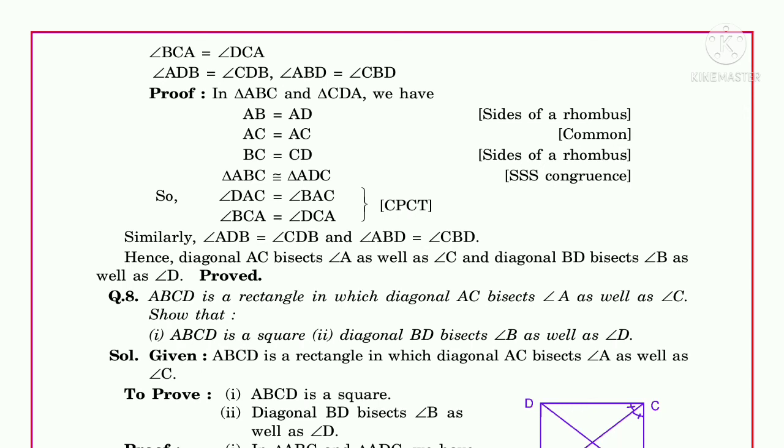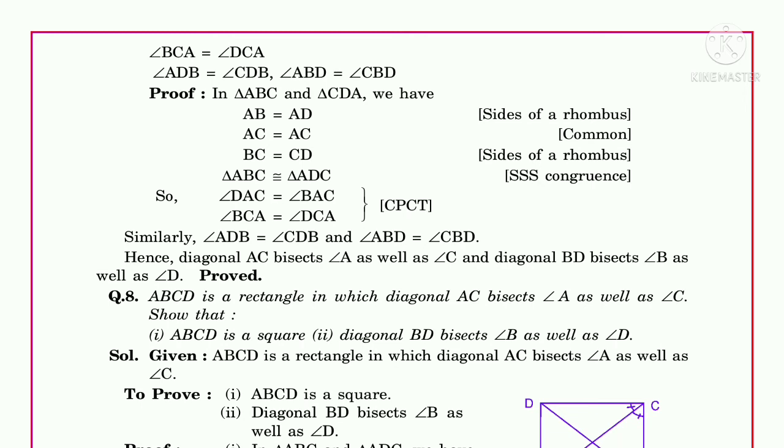As well, in these two triangles, AC is common, and BC equals CD, because they are sides of a rhombus. That means how many sides are equal here? Three sides are equal.